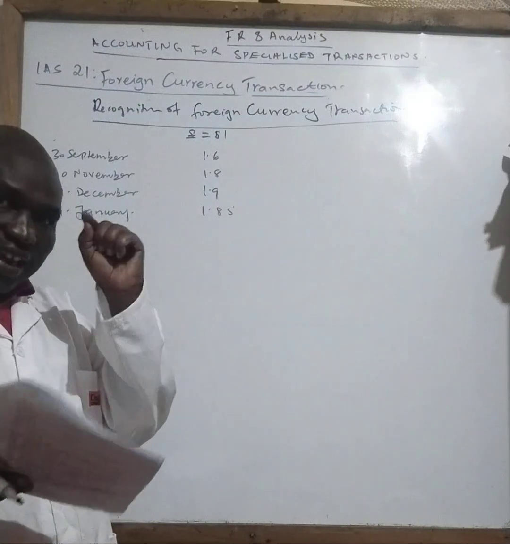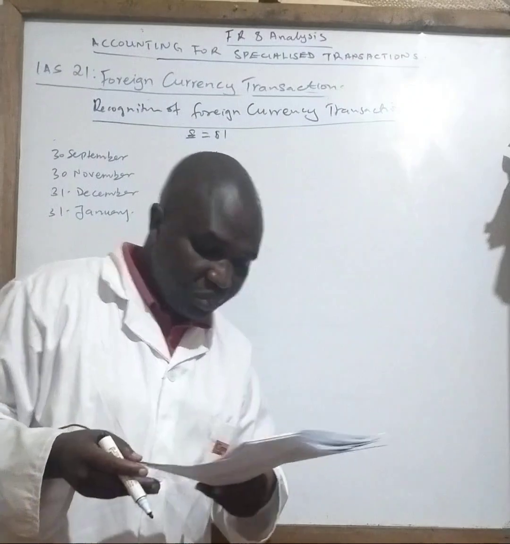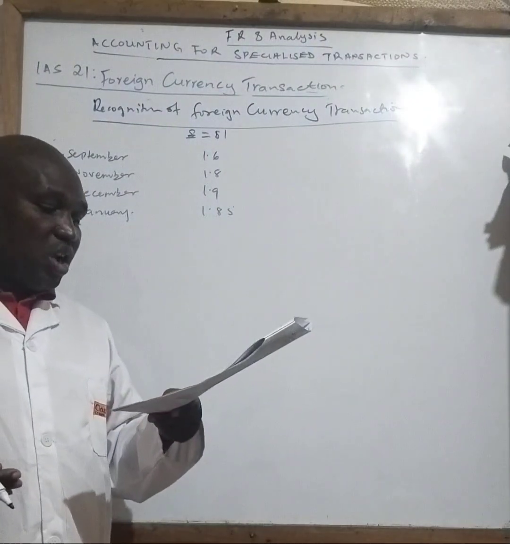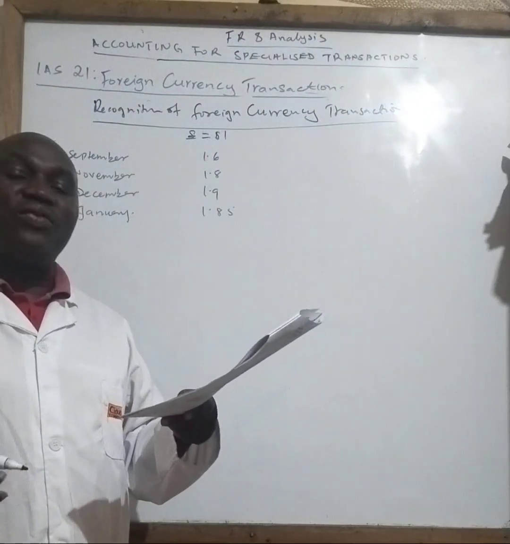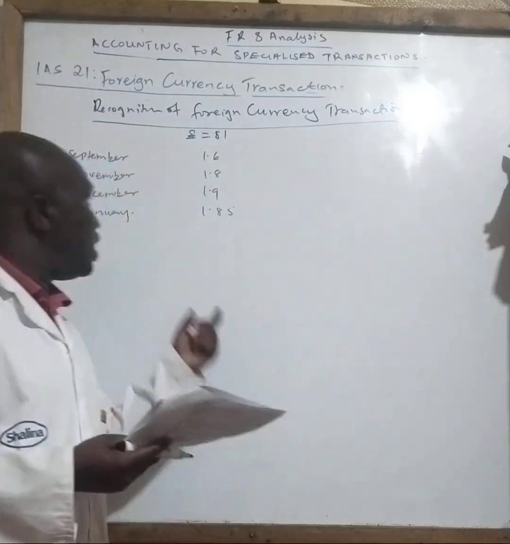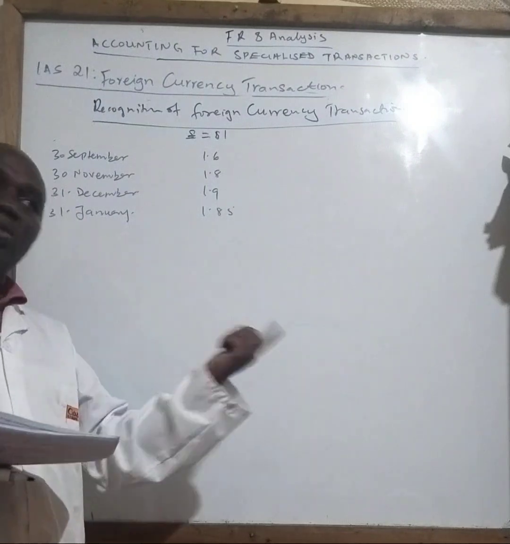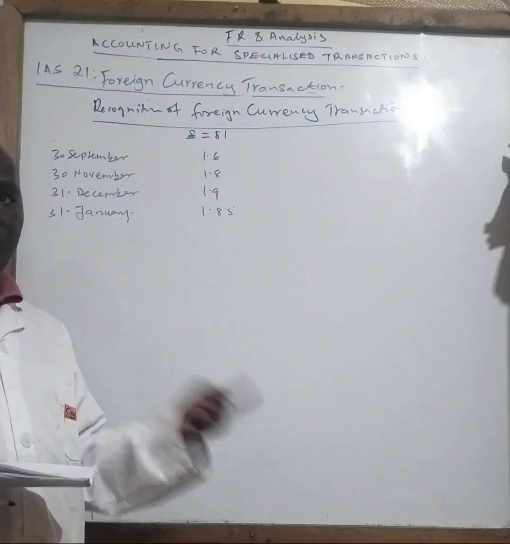First, mark the date of transaction and the date of payments. Let's read the question carefully. White Cliffs Company, whose year end is 31st December. That is the financial year. So the financial year of the company is 31st of December every year. That is the time they close all the books and report. Very important.